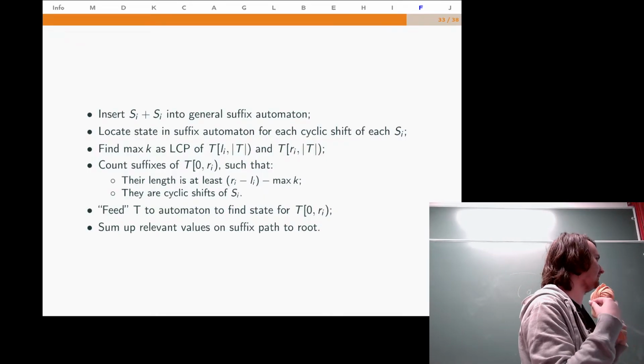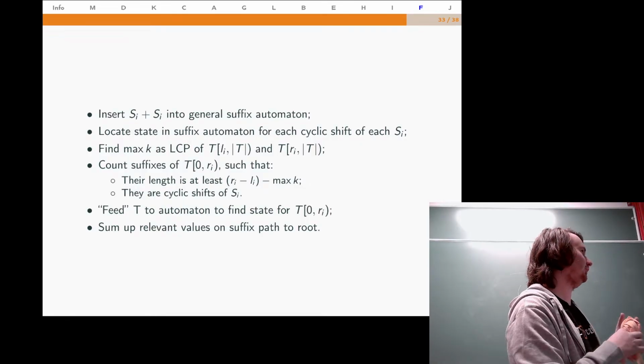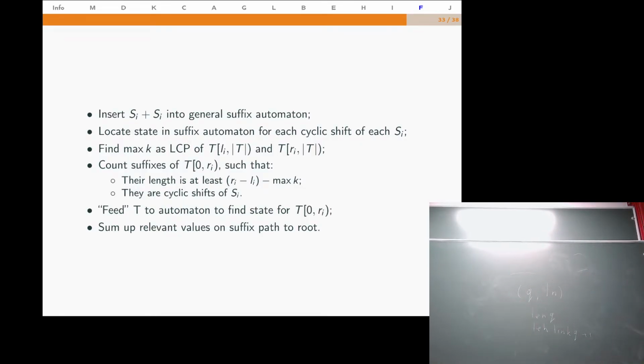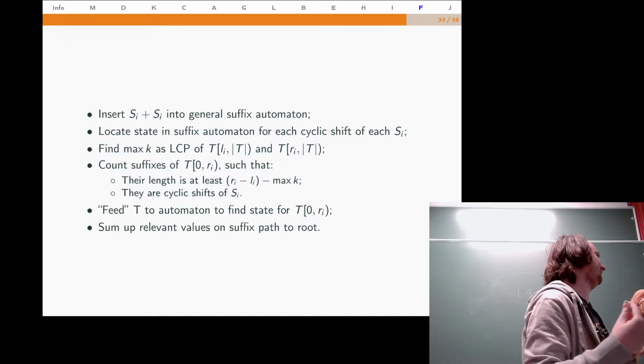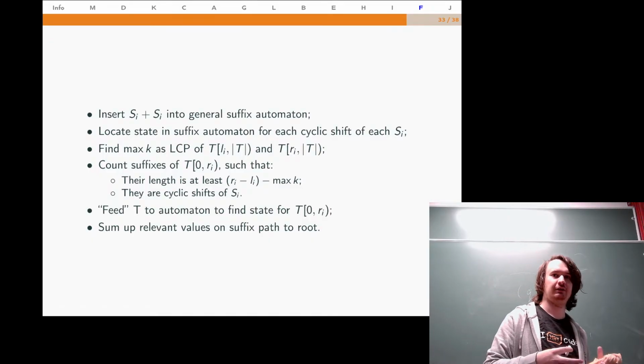In this case, it might be easier to work with, because you wouldn't need to reason about what happens when you construct general automatons for several strings at once. So yeah, I think that should be it.